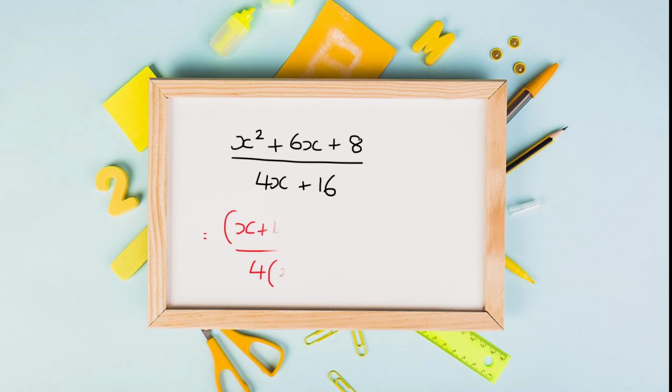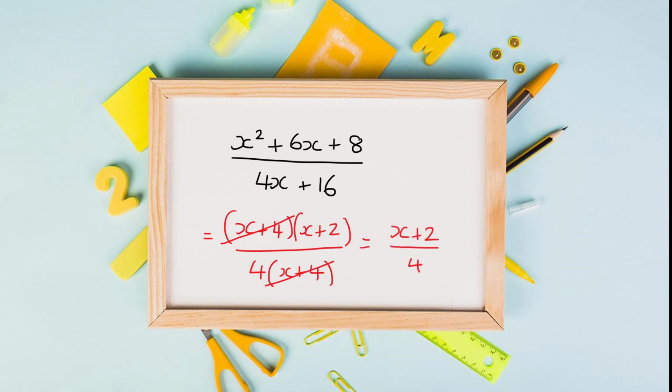If I do that, I get x plus 4, x plus 2 on the top, and I get 4 lots of x plus 4 on the bottom. But you will notice both the top and the bottom now have x plus 4, that whole bracket, as a factor, because those two factors on the top have been multiplied together, and the 4 is multiplied by x plus 4 on the bottom. So we can then cancel through those two lines, leaving us with x plus 2 over 4.